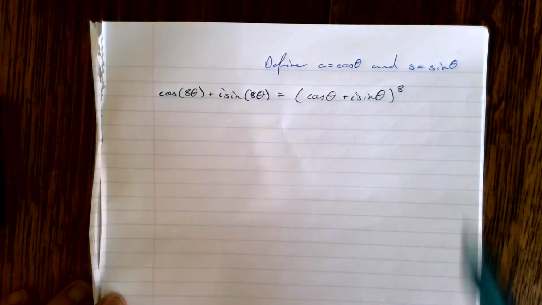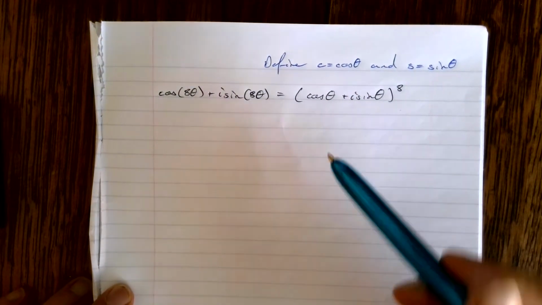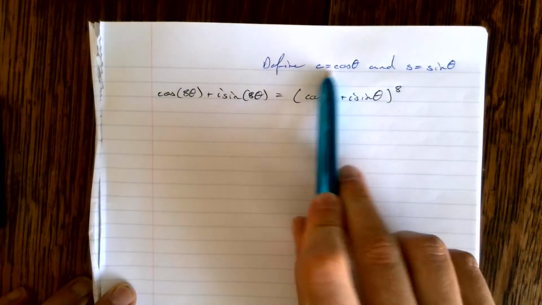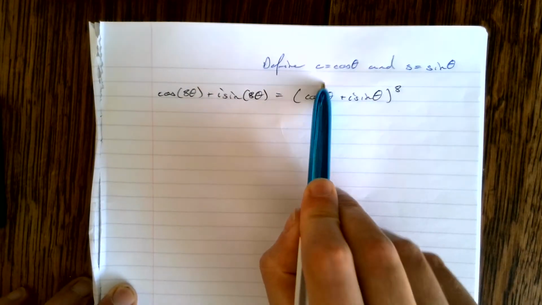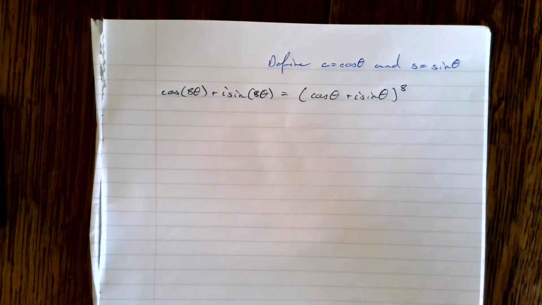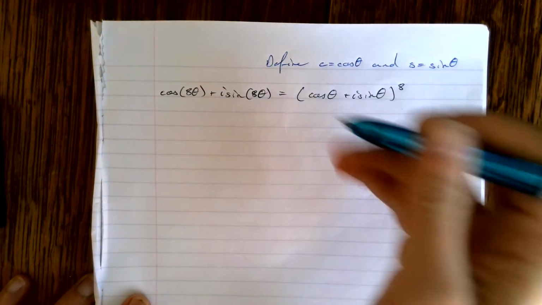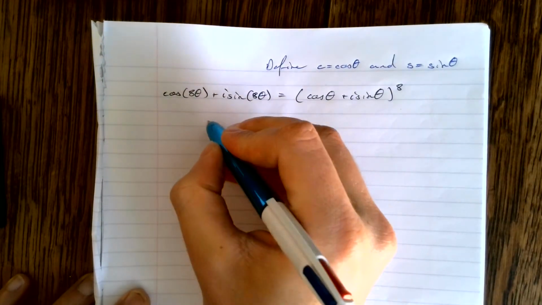This will just mean we don't need to write these out every single time. It will save us time and ink. Be careful if you do this, write at the top what you're defining them as, so whoever's marking this knows exactly what you're doing. Next tip, when you do the binomial expansion, write it vertically.